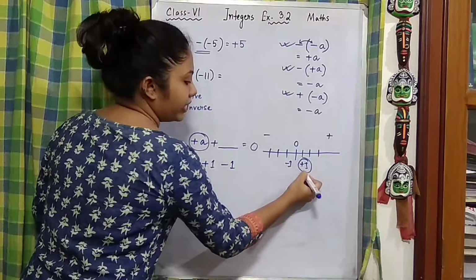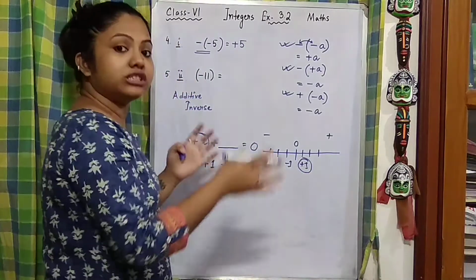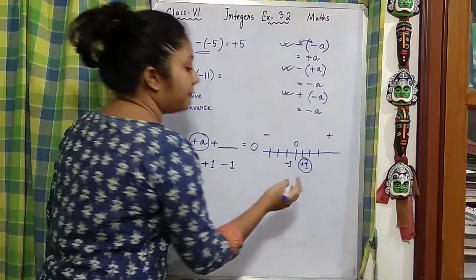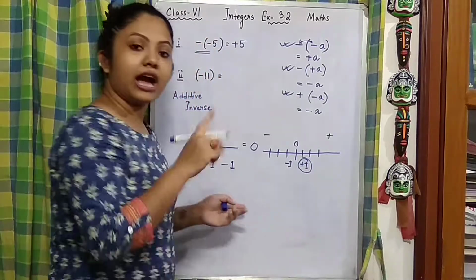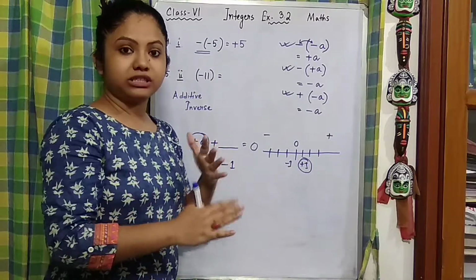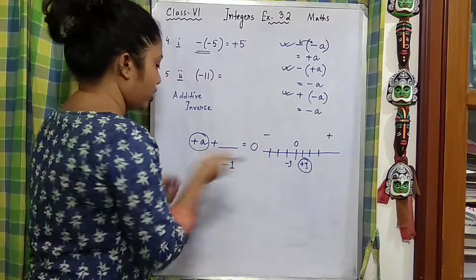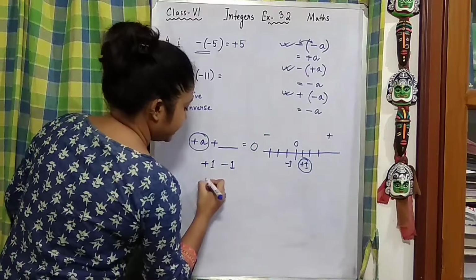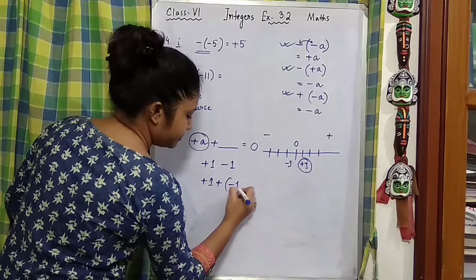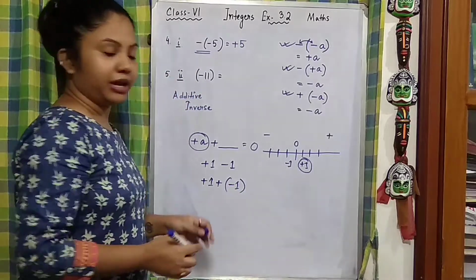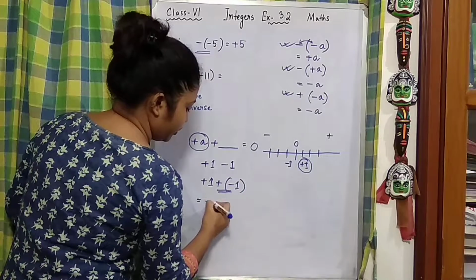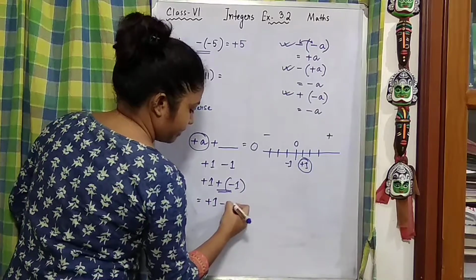Now we are standing at plus 1. When we are adding a negative number, we can say this is +1 plus -1, because plus and minus interact together to give a -1.